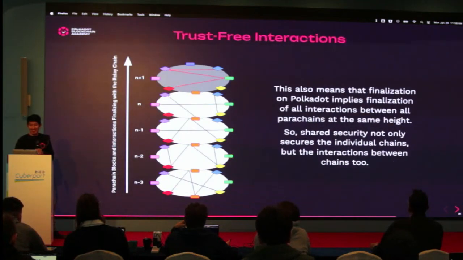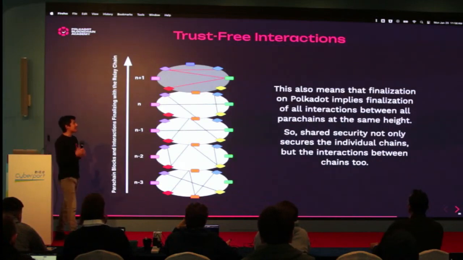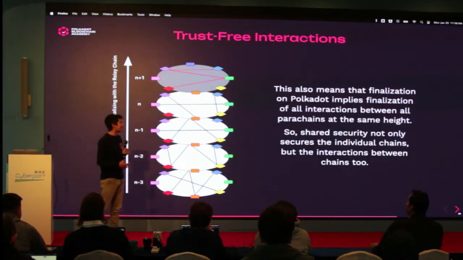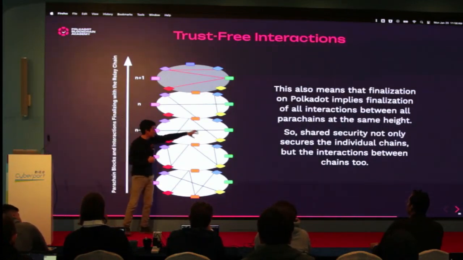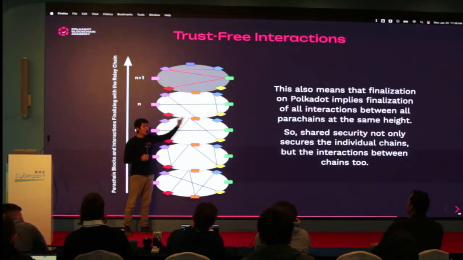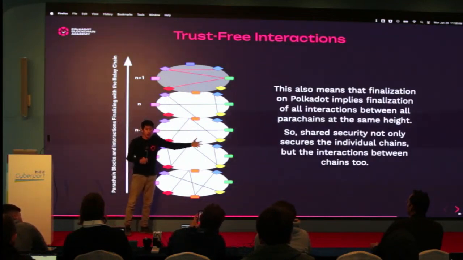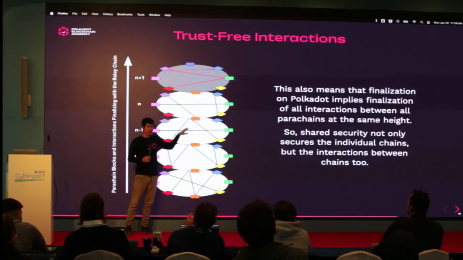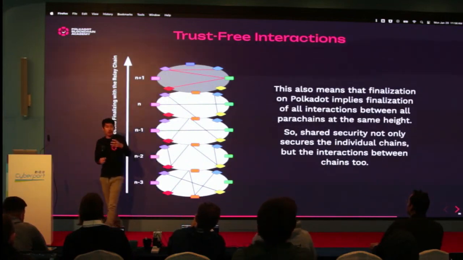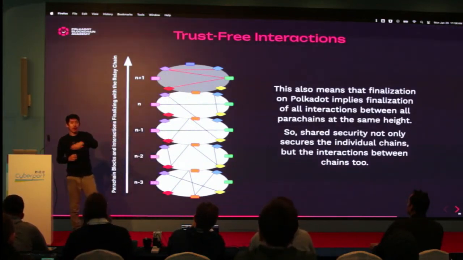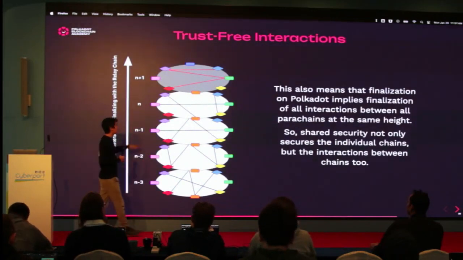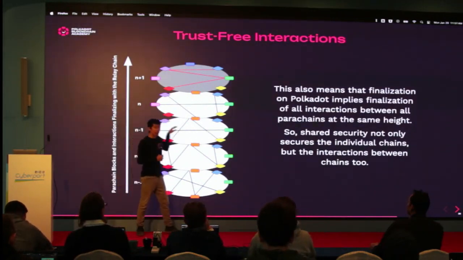Canonicality. Okay. Trust-free interaction. As I mentioned already, this finalization of all the parachain blocks along with the relay chain also allows for security and finalization of the interactions. As he mentioned, there are these XCM messages being passed as part of this process, so we are actually able to finalize the interaction between two parachains.